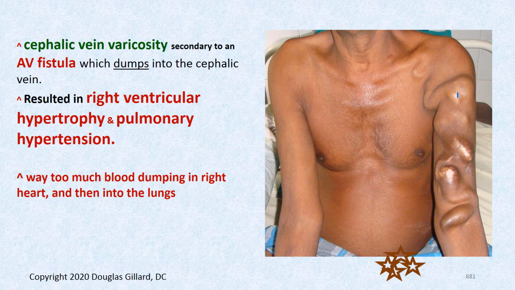Right? This is ugly, but that in and of itself won't kill him. But all that blood dumping into the right heart, he was having trouble with dyspnea on exertion. And so he's ruined the right side of his heart. He's ruined the lungs, scarred up the lungs, and he's got pulmonary hypertension, right ventricular hypertrophy.